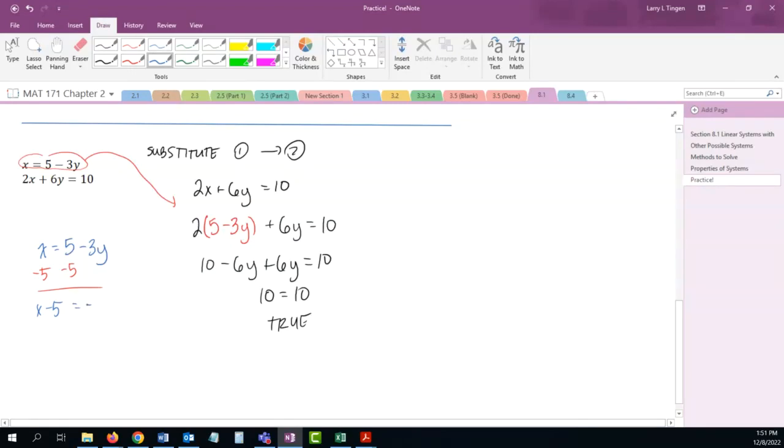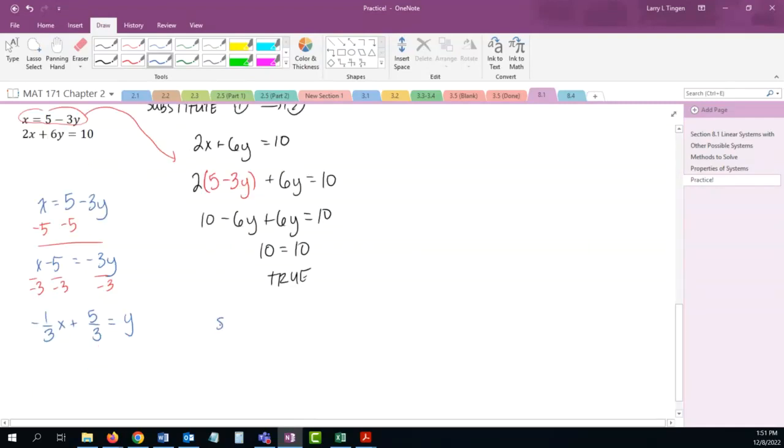I want y by itself, so I'm going to divide each term by negative 3. And what do I have now? Negative 1/3 x. Negative 5 divided by negative 3 comes out to 5/3. And then negative 3y divided by negative 3 is y.